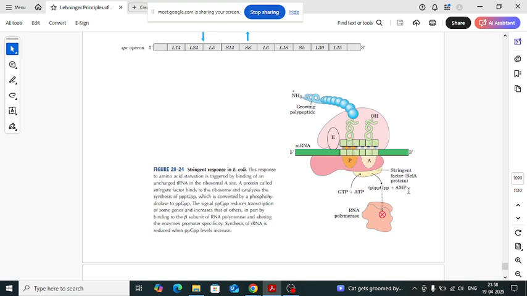So when there is amino acid starvation, an empty tRNA binds in the A site, the stringent response is triggered, and RelA binds to the ribosome. It takes GTP and ATP as substrates and makes pppGpp plus AMP.